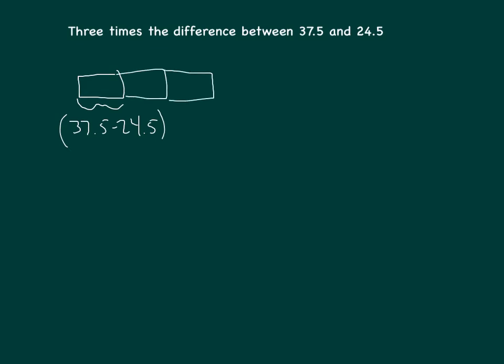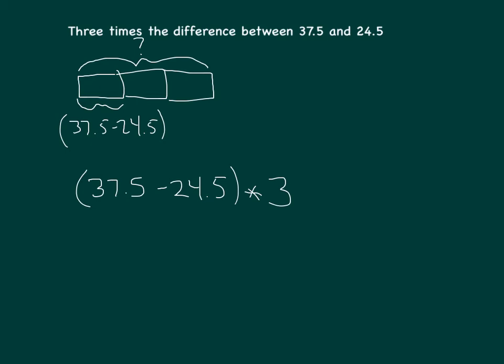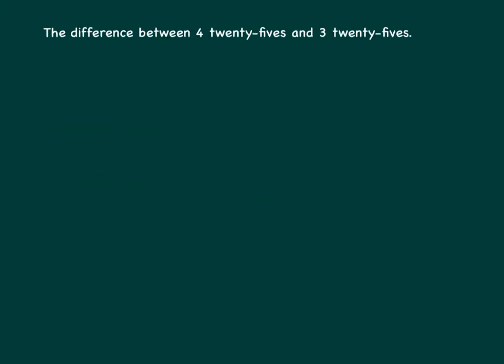I need 3 equal units like that, and my answer is going to be those put together. And so I get an expression of 37 and 5/10 minus 24 and 5/10 times 3. I could also put the 3 times in the beginning. It doesn't really matter.